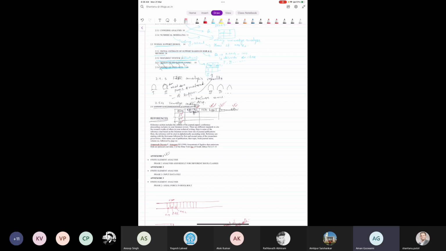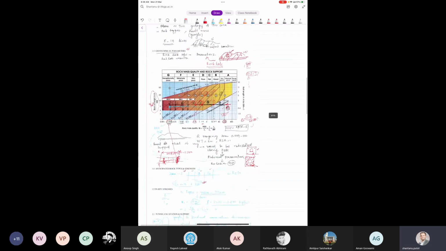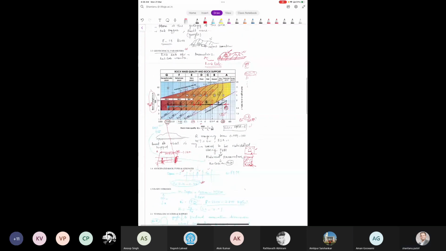Sir, how do we get the rock mass parameters? Rock mass parameter, this is what I'm saying. See, so let's say for Q value of 0.04. So you calculate for 0.04 or 0.05 here, what is the corresponding value of RMR?